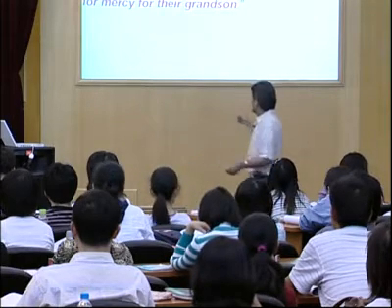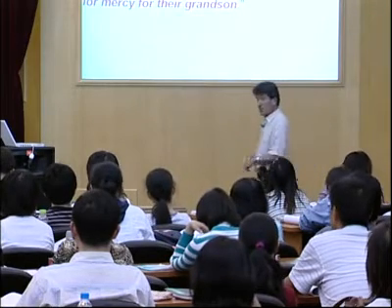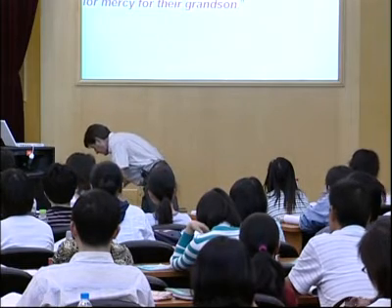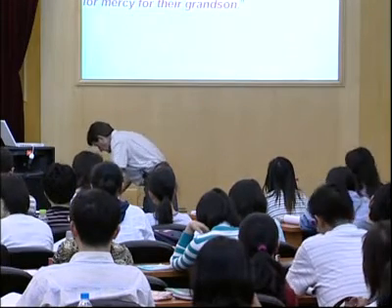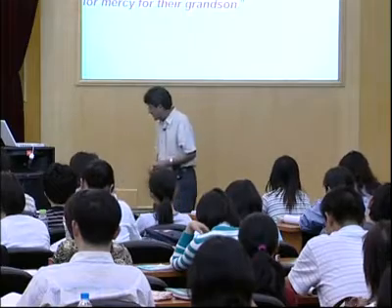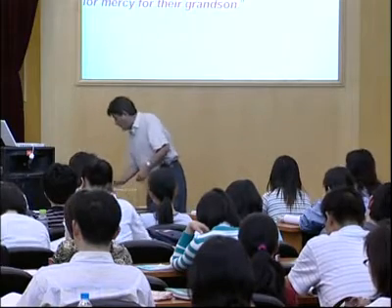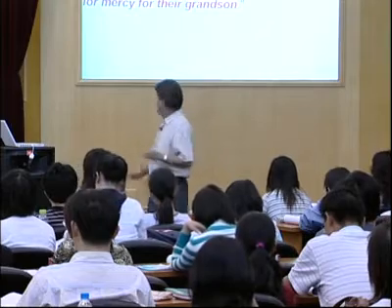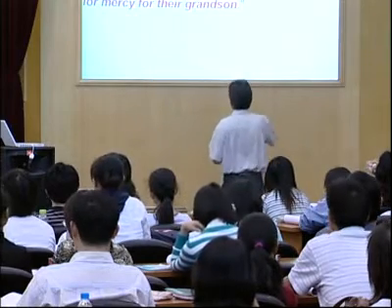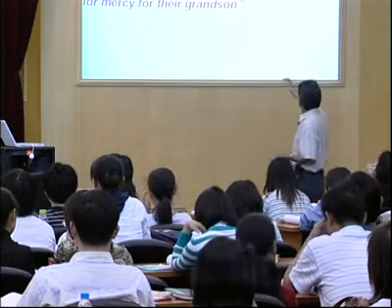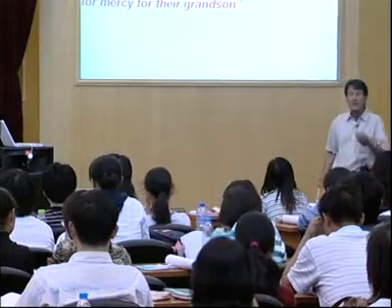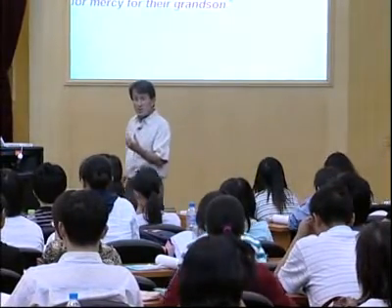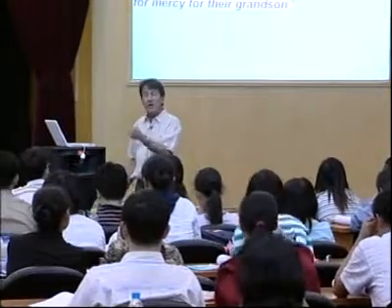So here is the example that you have on the screen and also on the handout on page 6, that is 17 of the handout. And the background for understanding this piece of language, here's the piece of language. If they were still alive, they would also plead for mercy for their grandson. This is the story of a teenager who killed his grandparents.